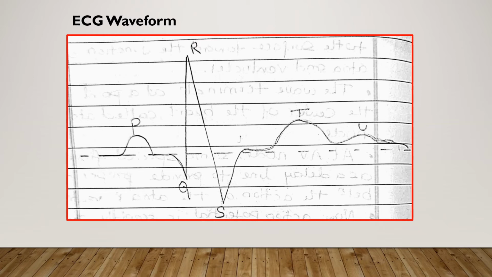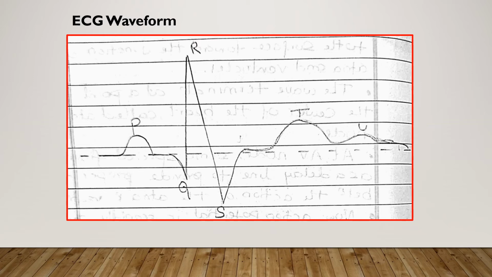Then the QRS complex. The QRS complex is the combined result of repolarization of the atria and depolarization of the ventricles, which occur almost simultaneously. Then the ST interval, which indicates the time between the onset of ventricular muscle contraction and the start of ventricular repolarization.